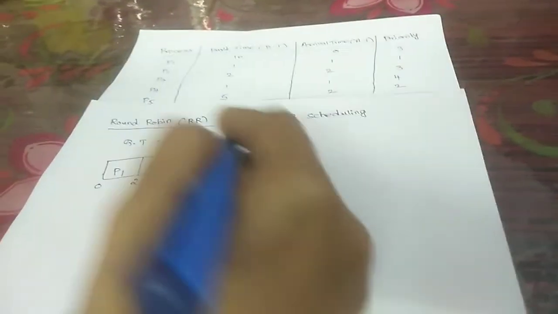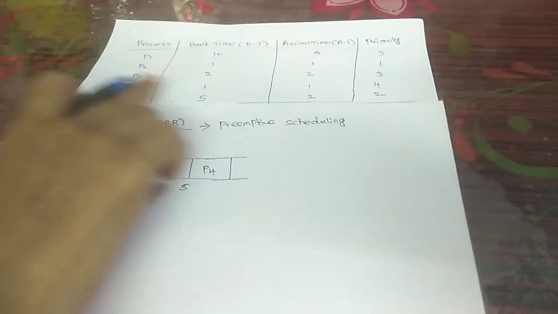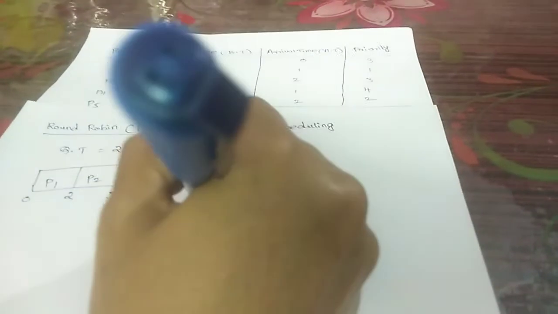Next, process P4 enters and executes only 1 millisecond because the burst time of P4 is 1. So it finishes its execution before its allocated 2 milliseconds. So P4 works for 1 millisecond, that is 6.